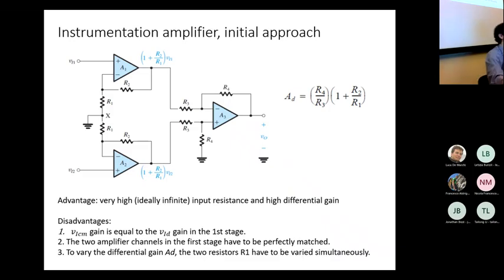The idea is that since one of the problems is the input impedance, rather than interfacing the difference amplifier, that is this guy, directly with the source, we interpose two buffers. Okay, so two non-inverting configurations. One dedicated to the negative input and one to the positive one.